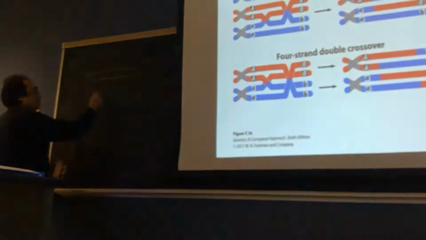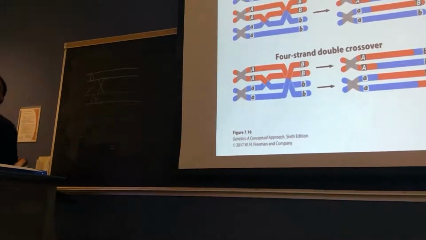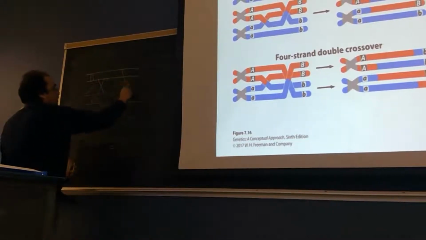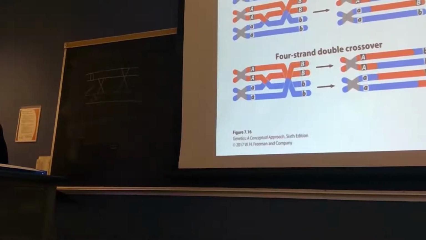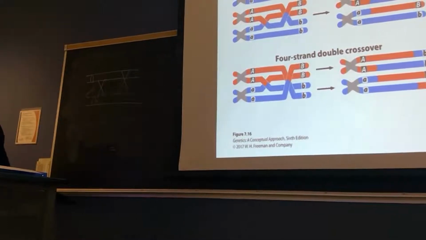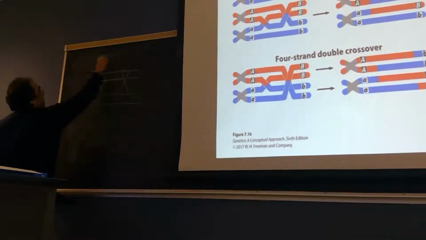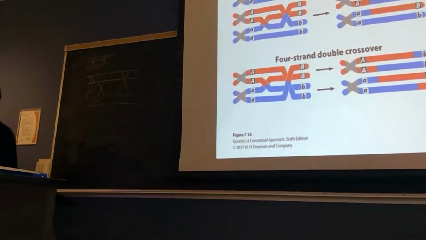Okay. If it is a double crossover, then there is one chance that the crossover is between these two, this is one, and the crossover between these two together. That is called the first one, two-strand crossovers. So two-strand crossovers means just this: double crossovers where only two strands are involved.